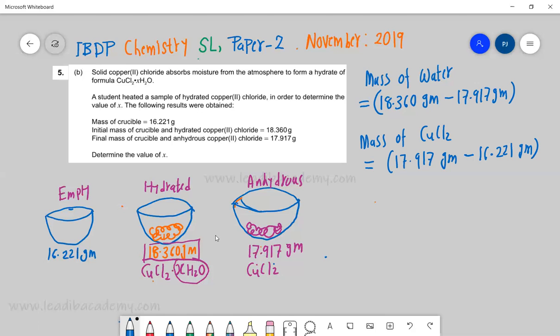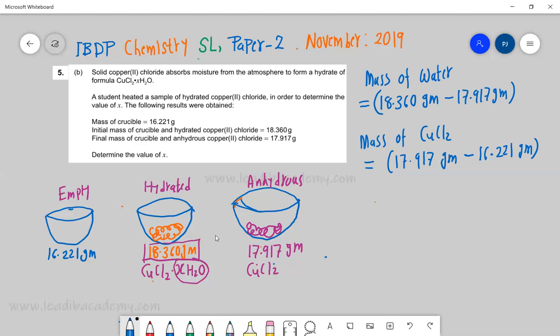Now, what is the next step? Let's quickly calculate this. Let me take out my calculator and do the quick calculations. 18.360 minus 17.917.